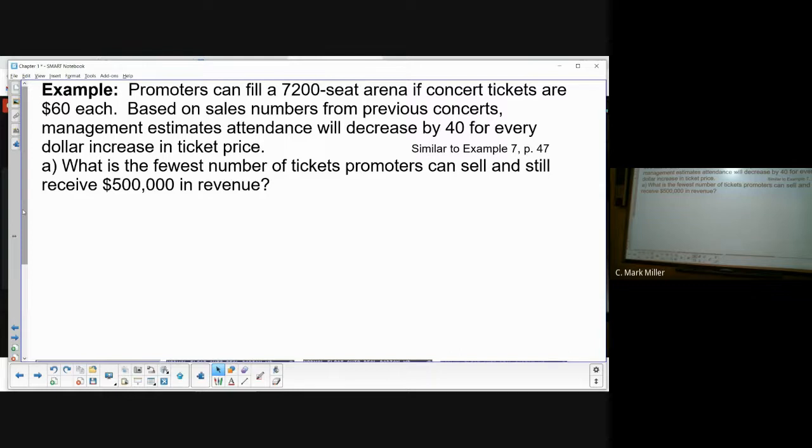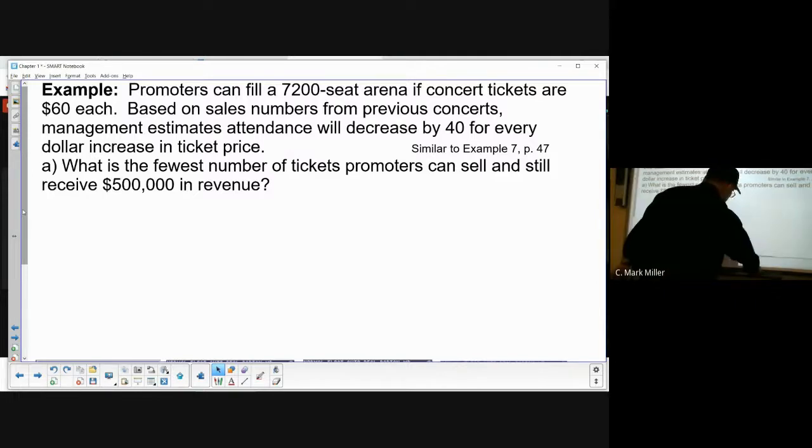Where we need to start is, I want to know how much should I price my ticket, right? What's the fewest number of tickets promoters can sell? So I'm interested in the number of tickets sold. And I want 500,000 in revenue.